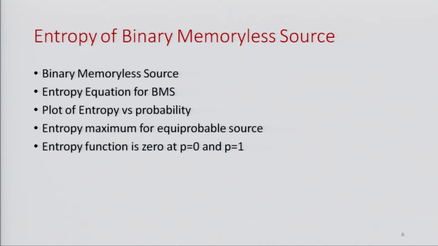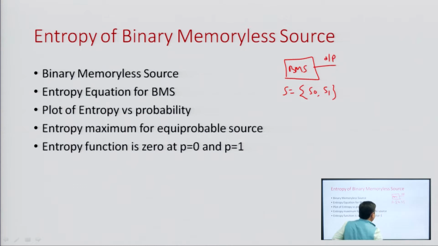Now, next is the entropy of the binary memoryless source. See, this is the binary memoryless source. It is a discrete memoryless source with S having only two symbols S0, S1. Only one comes at the output at a time. Normally we take binary symbols 0 and 1 as the symbols.